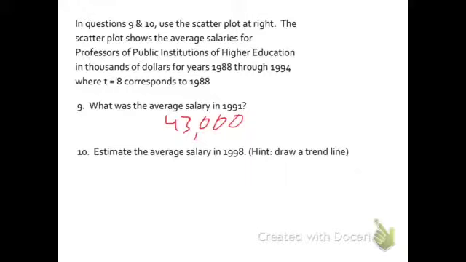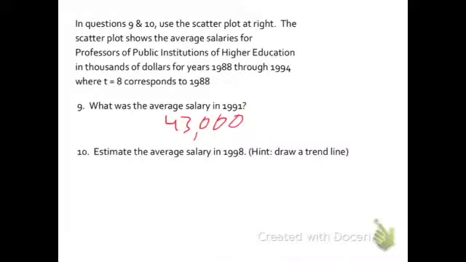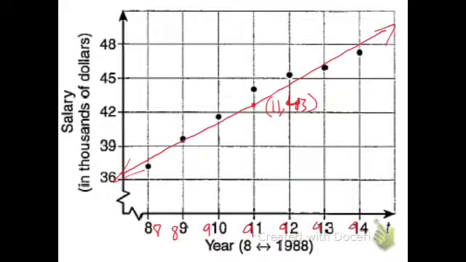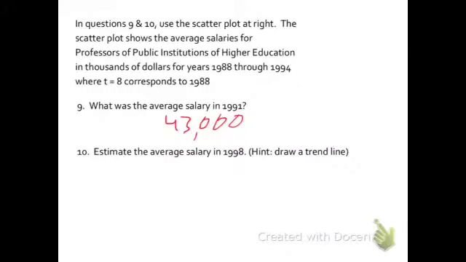And estimate the average salary in 98. Well, we'd have to get the equation of this line first. 98's not for quite a bit later, like 4 more tick marks over. So we have to get the equation of the line. And after we get that, then we can plug in 98, which would match up to 18 for x, and then go in from there.